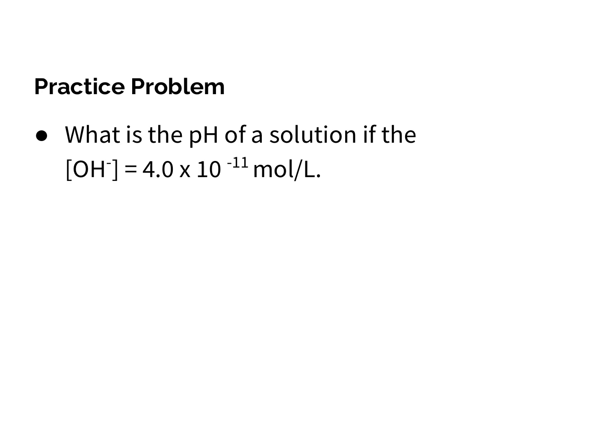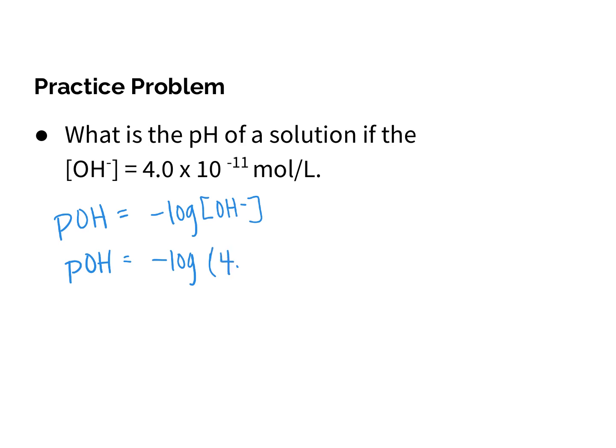There are multiple ways to solve this one. The simplest is to find the pOH first. So pOH is minus log of the concentration of your hydroxide. So I'm going to type minus log into the calculator, and then 4.0 times 10 to the minus 11. So when I type this into my calculator, I get 10.4.